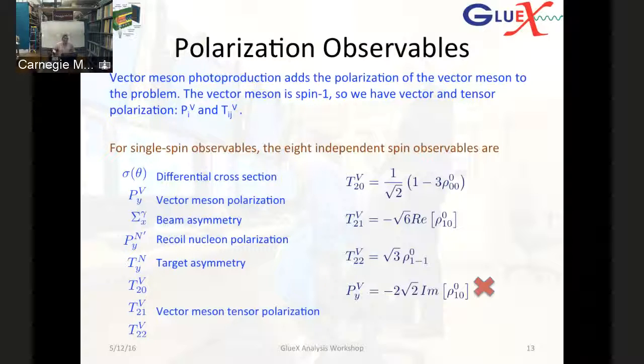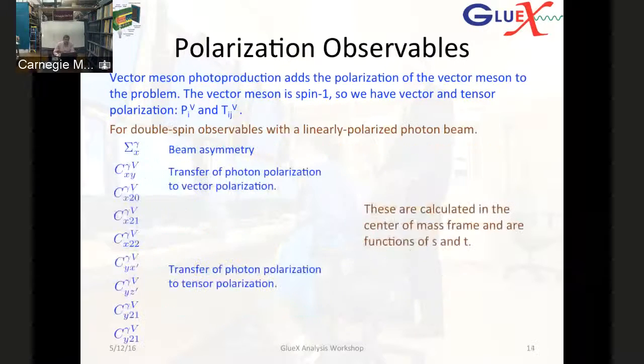They're a tensor polarization. When you add linear polarization, there are double spin observables, there's still the beam asymmetry, there's these C's again where you transfer the photon polarization to the vector polarization or to the tensor polarization, and there's two different degrees of linear polarization.